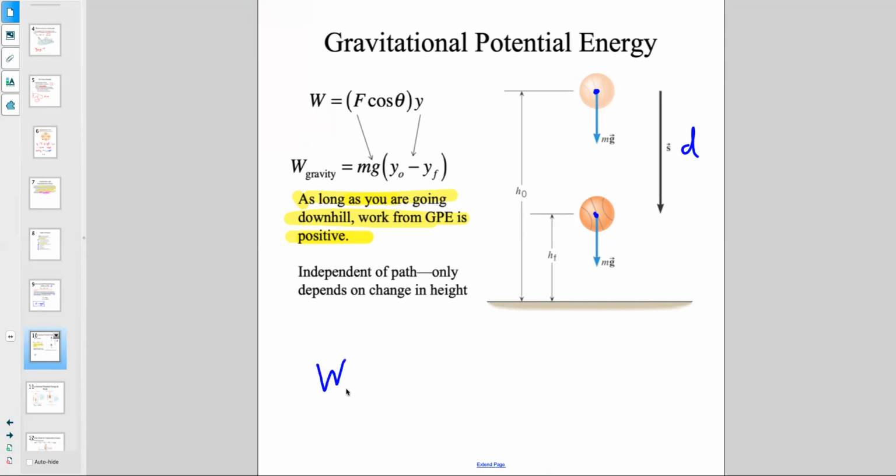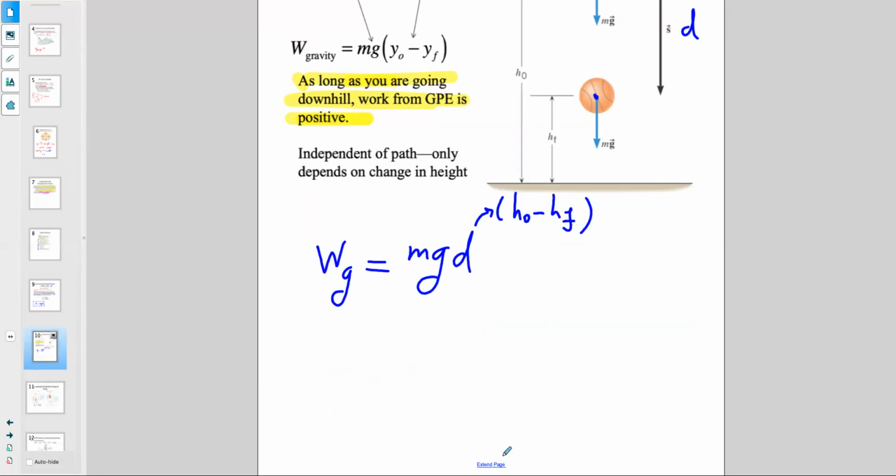So work done by gravity, or gravitational potential energy, is force, which is mg, times the displacement, which is the change of height, or d here in our case, which is h0 minus h final. Okay, so this d is h0 minus h final. All right. And if you're going down, it's always positive. And the reason for that is very obvious.